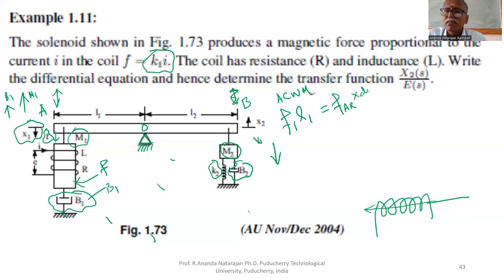Multiplied by the distance where each is applied. Some reaction forces are created at a distance L1, and some reaction forces at a distance L2.